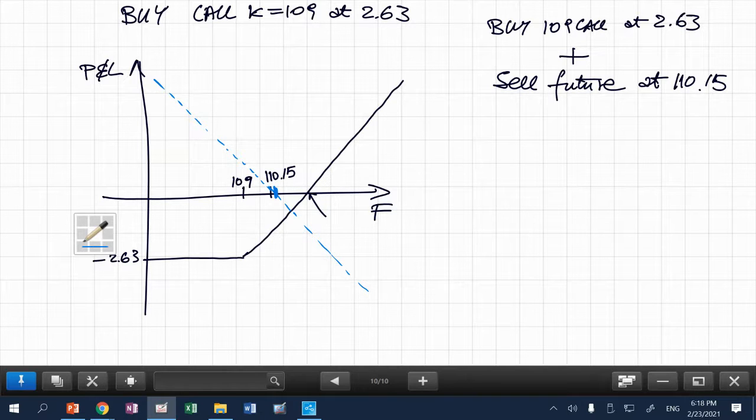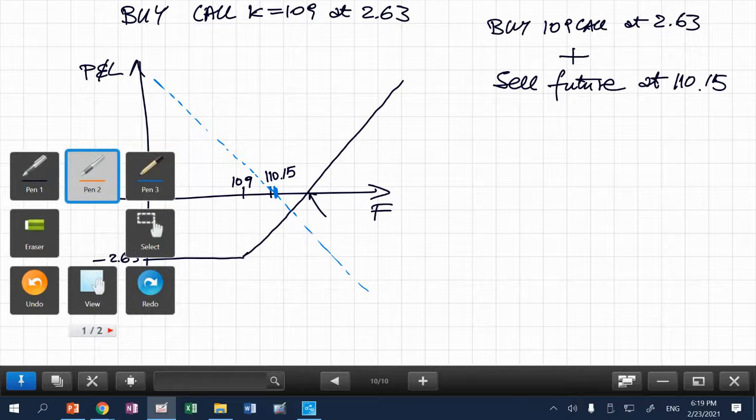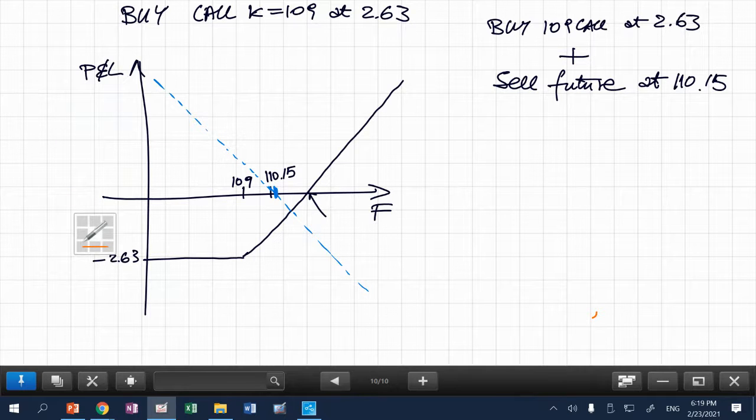Now, what I want to see with you is what is the effect of combining these two positions. So what is the combined effect of the two? Of course, my P&L would be given by the sum of the P&Ls of the two. And the best thing now is to distinguish what happens below 109 and over 109.